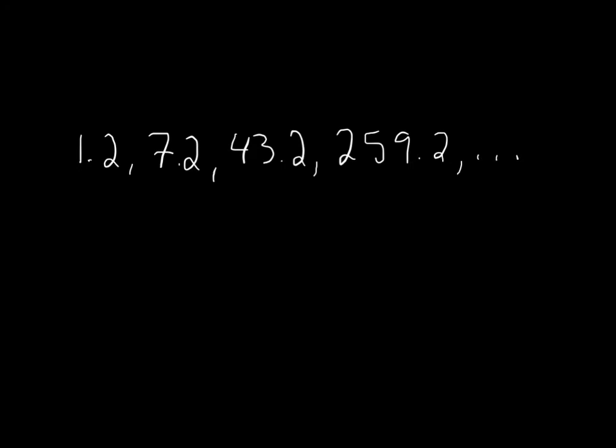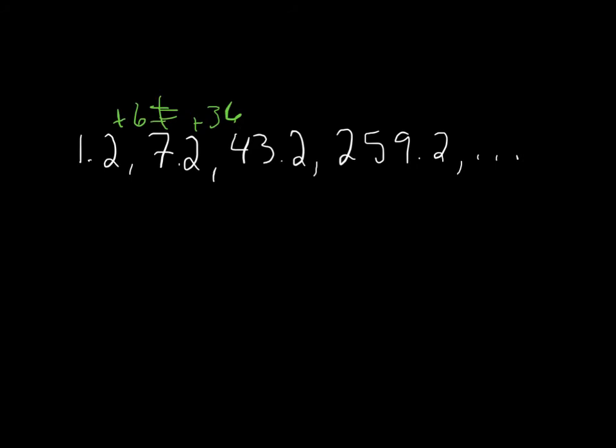From 1.2 to 7.2, you would add 6. But then from 7.2 to 43.2, we would add 36. So right then and there, these are not the same. We know this is not arithmetic. Okay? So it probably is going to be geometric.